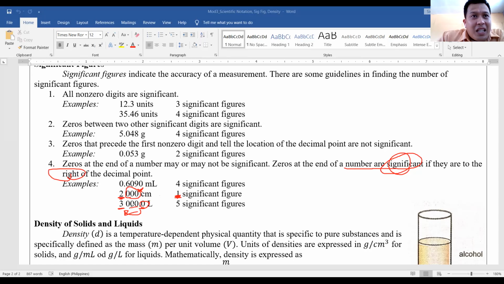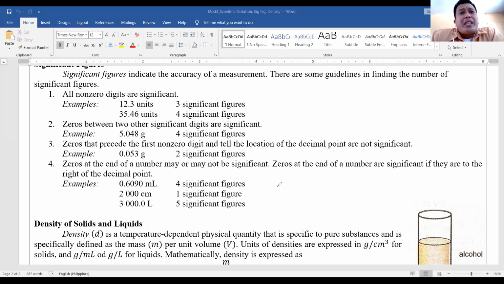Thus, the 3 zeros in between will become significant following rule number 2. Understand? So it's basically the presence of the decimal point that matters.